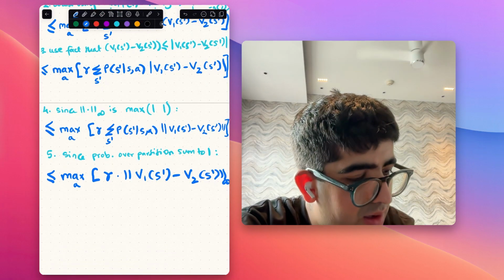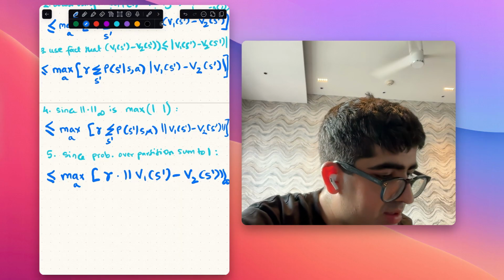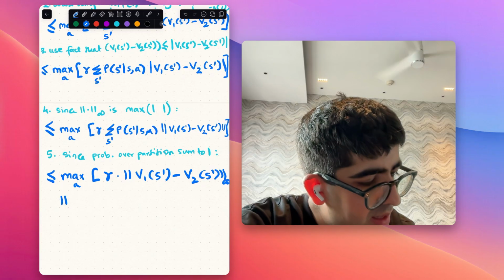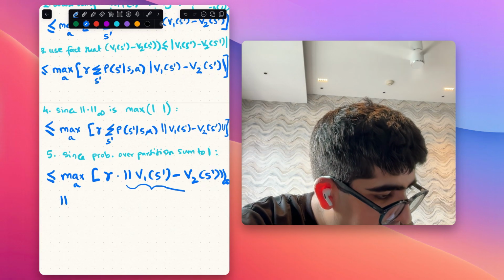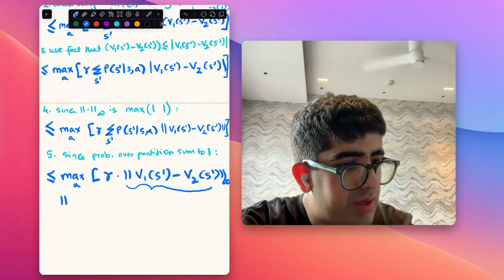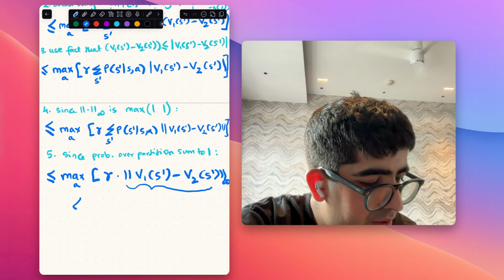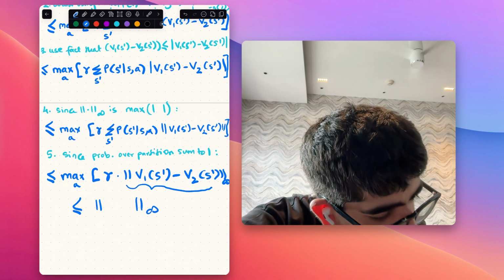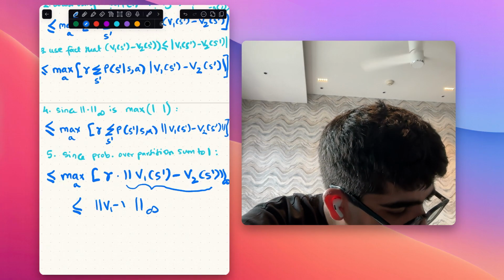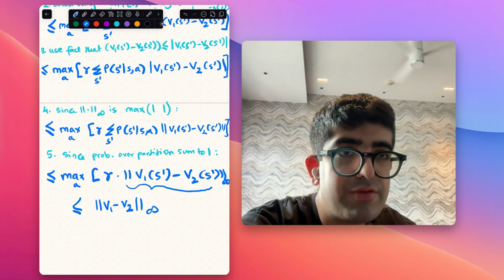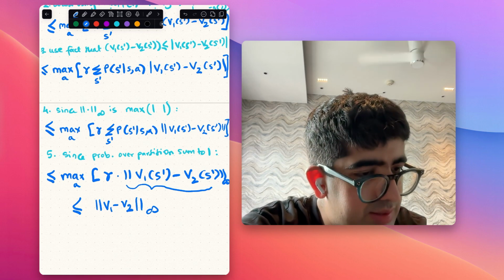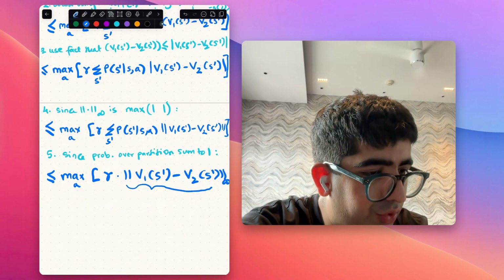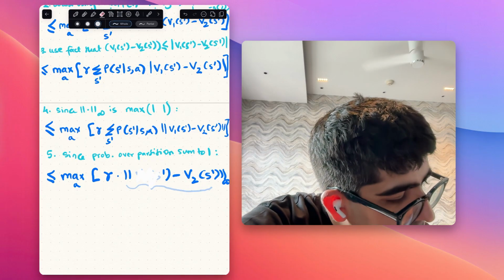We can examine the fact that this expression parameterized by s prime will always be upper bounded by the infinity norm of v1 minus v2, the vectors themselves. So let's make use of this fact to get rid of the s primes.